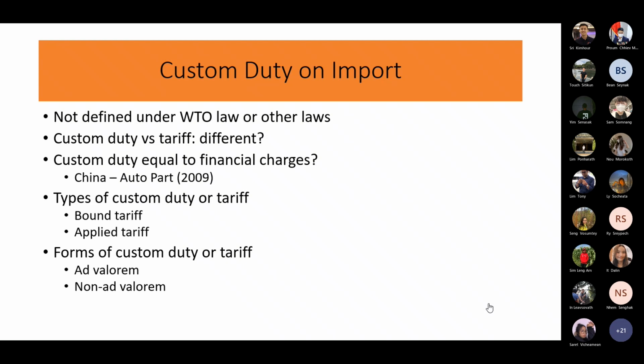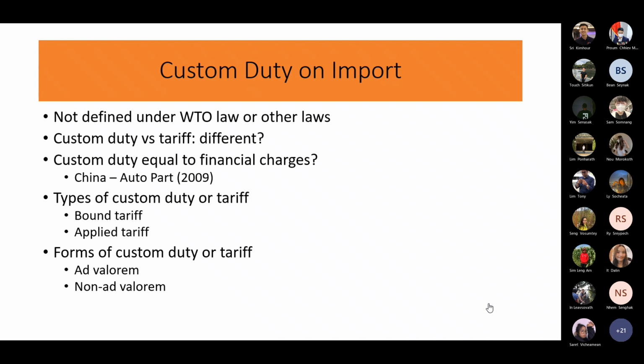The EU, Japan, Canada, and the US found that China applied a financial charge on goods from the EU, Canada, and the US. The financial charge that China applied on these foreign goods was not consistent with China's bound rate commitment, because in China's schedule of concessions it said that it would not apply tariffs on auto parts, the products from Canada, the US, and the EU.